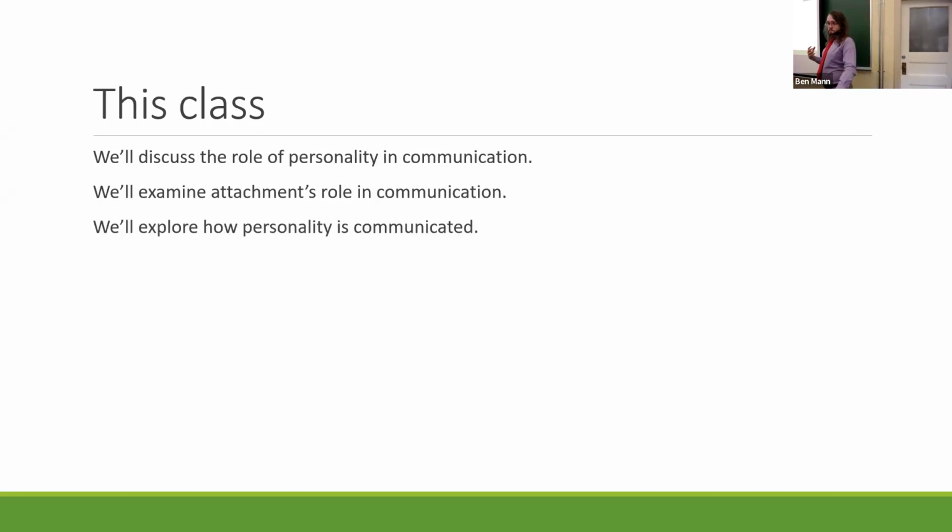Okay. So for today, we are going to look at interpersonal communication in the context of personality, right? And personality matters for a study of communication because understanding the personality and perspective that we're coming from helps us to understand why we communicate the way that we do, why we see connections the way that we do. And if we think back to Maslow's hierarchy, right?